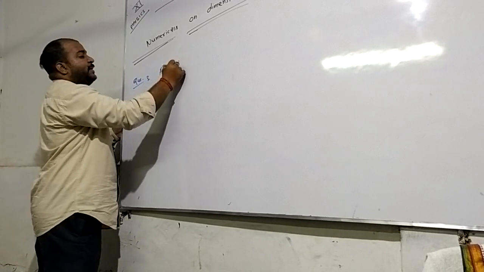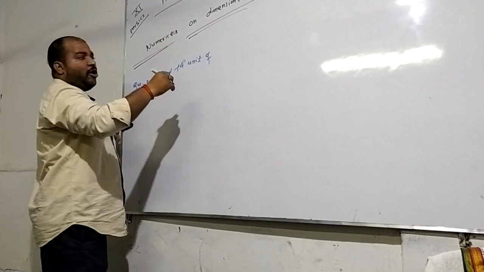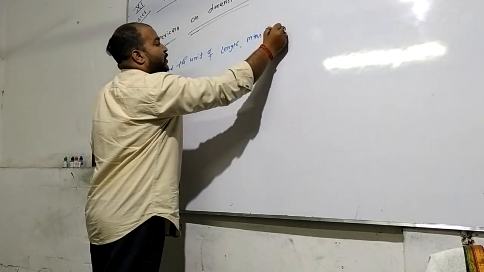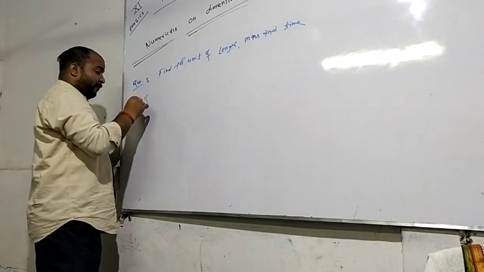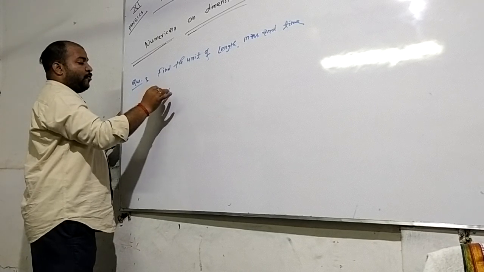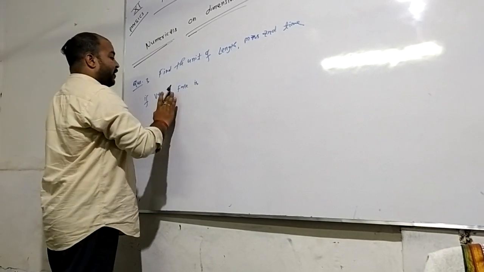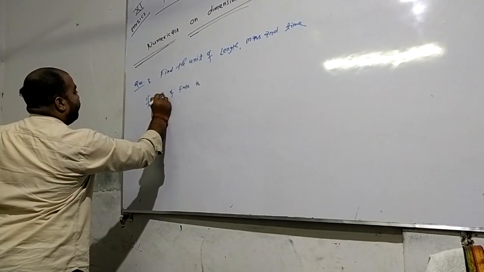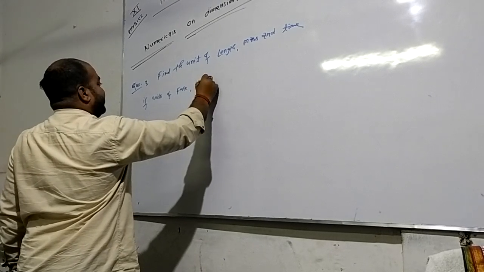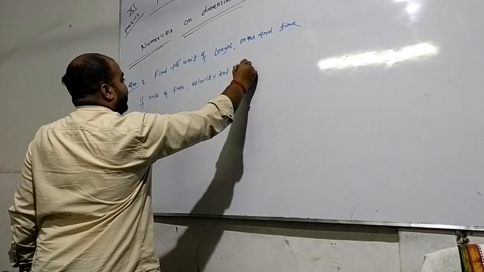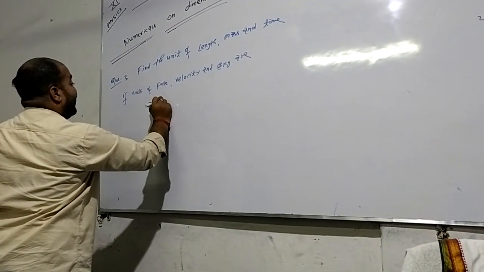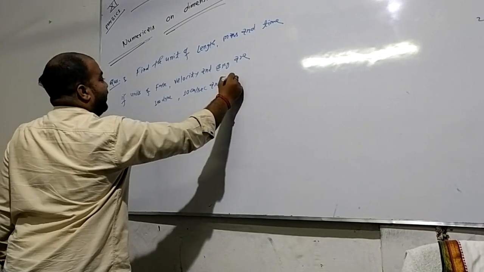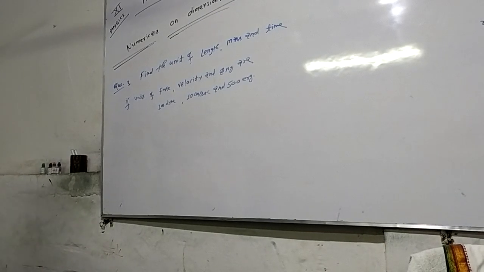Suppose one more type of question is asked, which easily can be illustrated with the help of an example. Suppose the question says: find the unit of length, mass and time if the units of force, velocity and energy are 100 dyne, 10 centimeter per second and 500 erg.